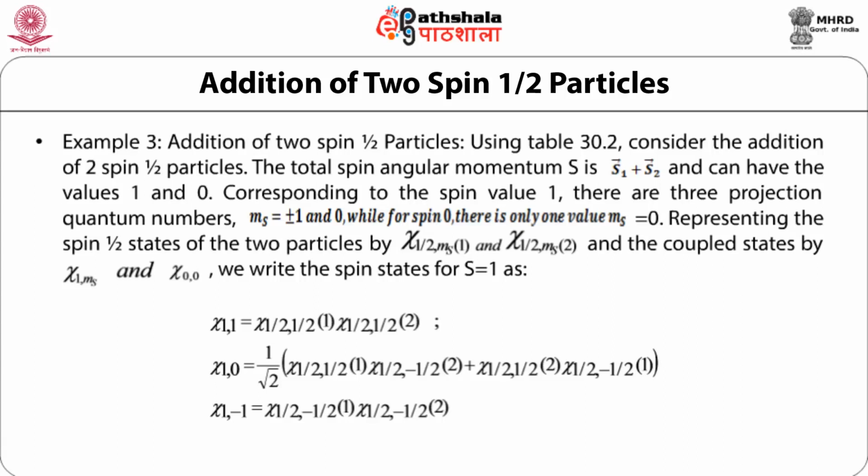Now representing the spin half states of the two particles by xi half comma ms1 and xi half comma ms2, and the coupled states by xi subscript 1 comma ms and xi 0 comma 0, we write the spin state for s equal to 1 as xi subscript 1 comma 1 is equal to xi subscript half comma half particle 1 times xi subscript half comma half particle 2.